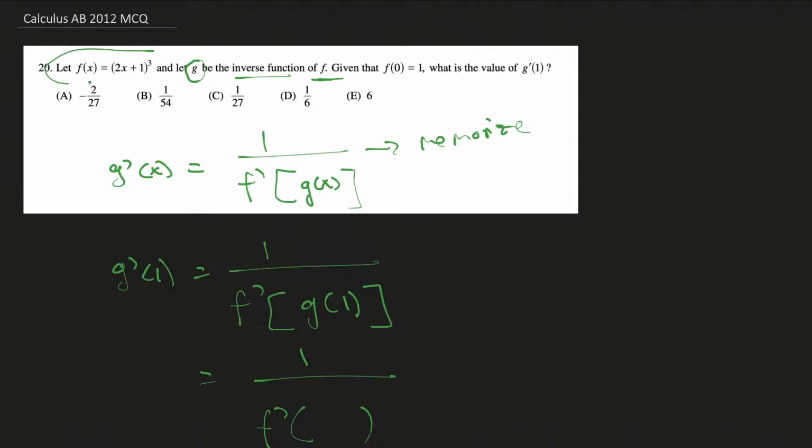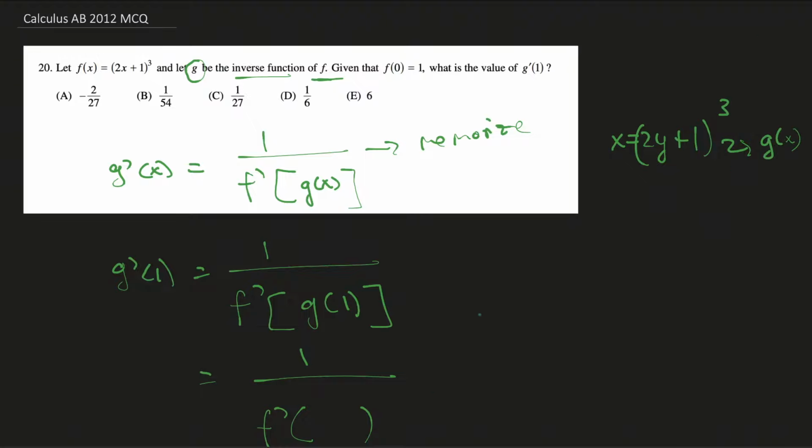So x equals (2y plus 1) cubed, and this would be equal to g of x. The reason is that they tell us the inverse.